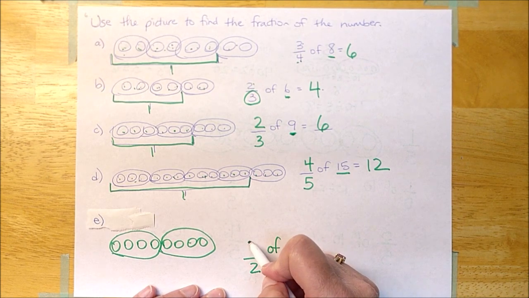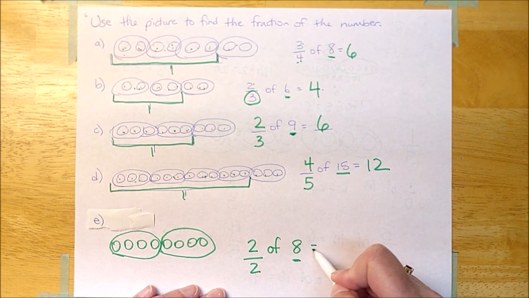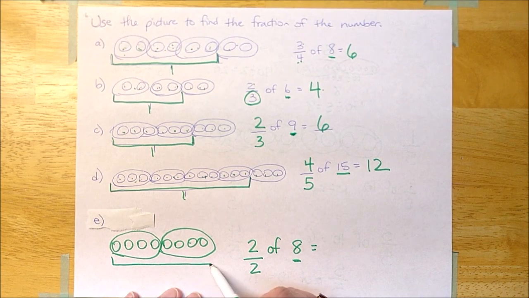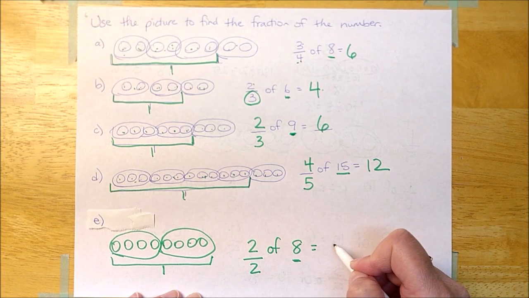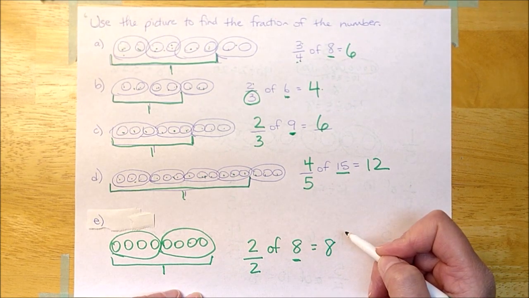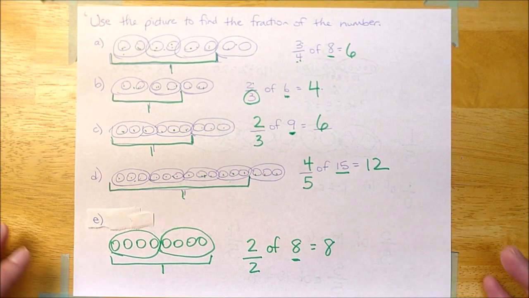So I want to know if I get 2 of those groups, how many apples am I going to have? And I hope you're all saying, Mrs. Menandel, you get 8 of them, because you are right. Okay, awesome work, grade 4.